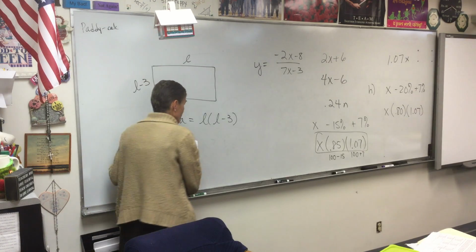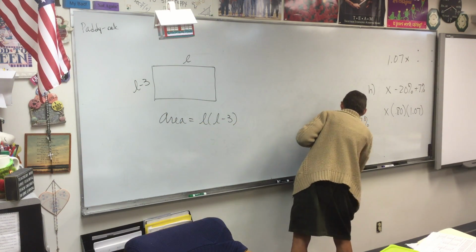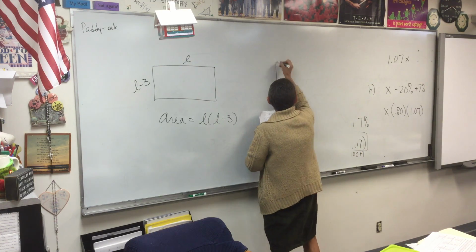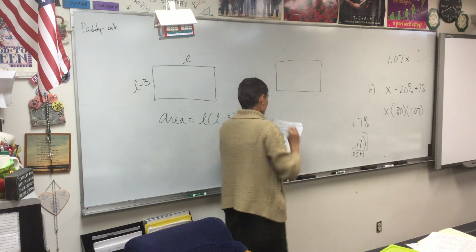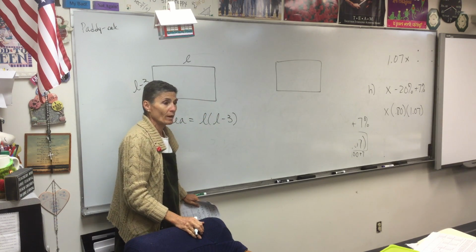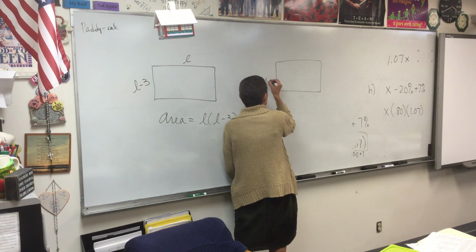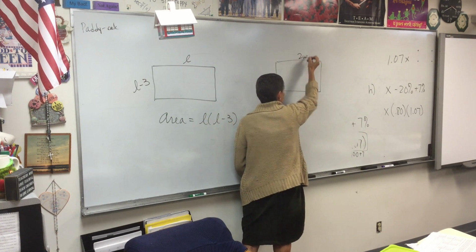Now let's see if you can do G, folks. I know Marley can. Can anybody else do G? We got another rectangle. What do we know this time? The length is twice the width. 2L. So be careful. We'll call this W, and then this would be 2W.